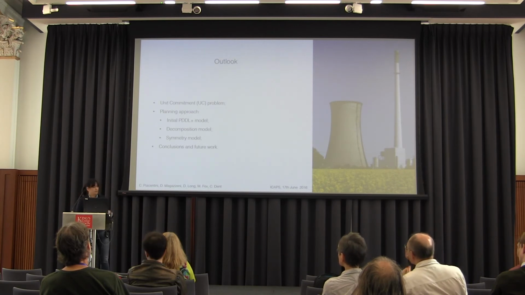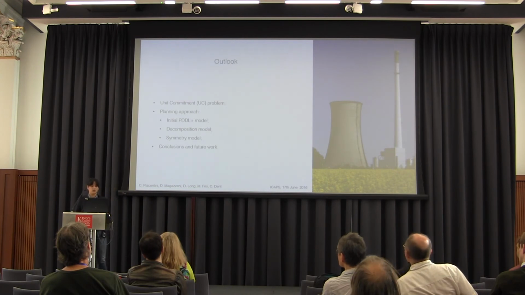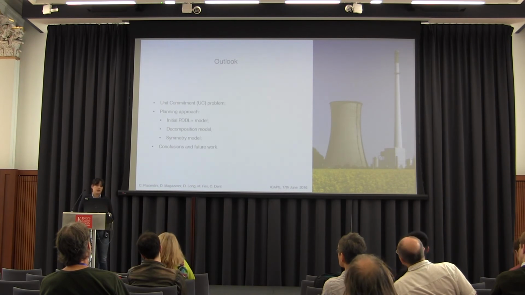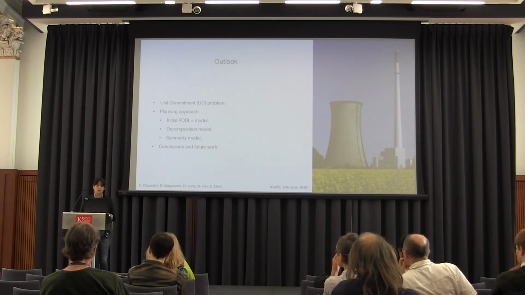So in this talk I'll first introduce in more detail what this problem is and why it is challenging, and then I'll talk about the planning approach that we adopted.